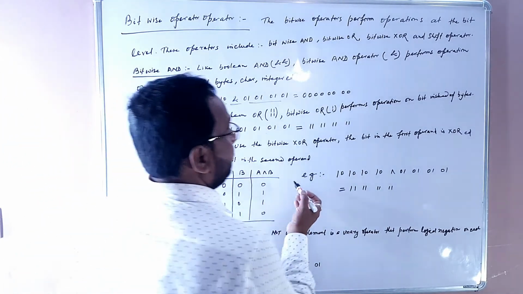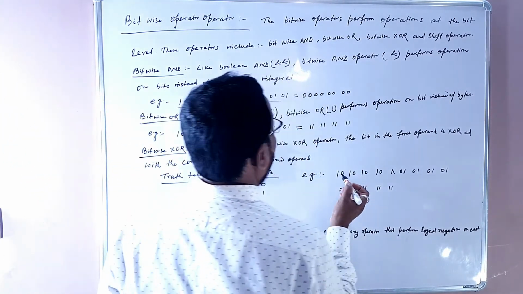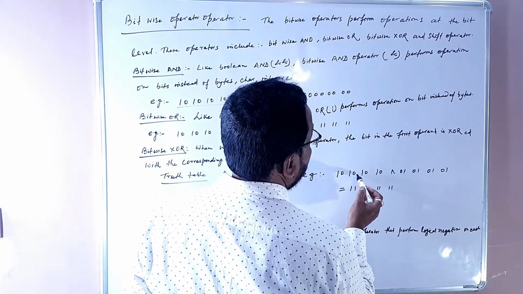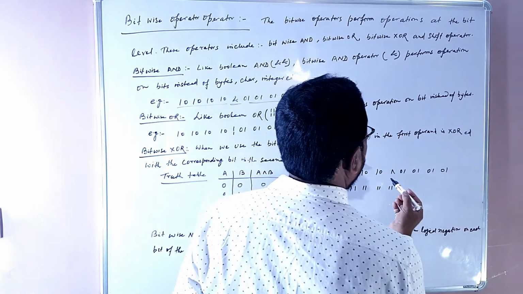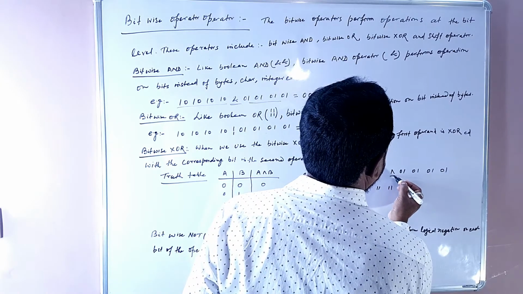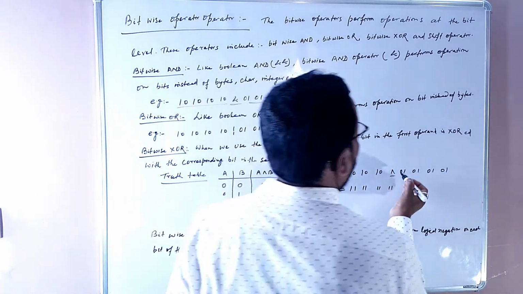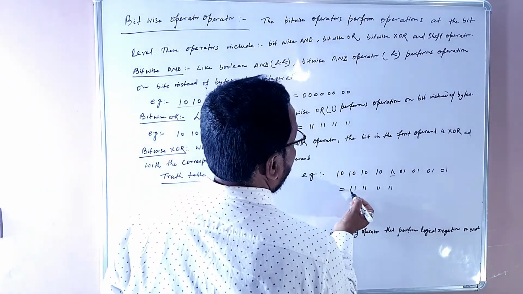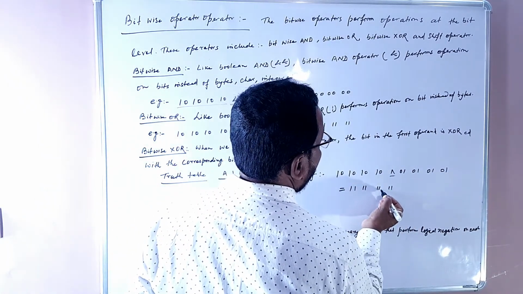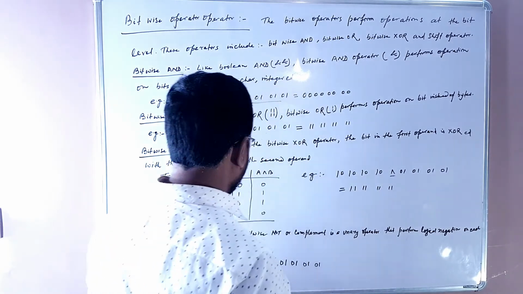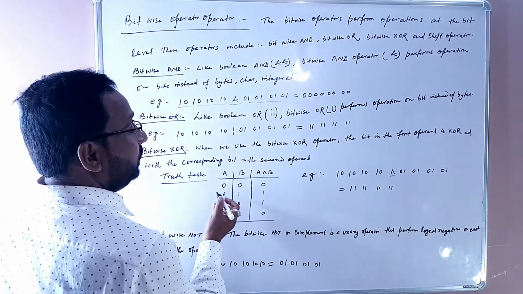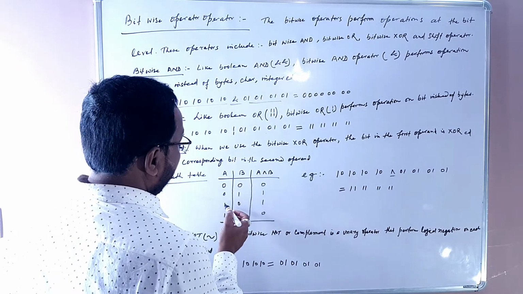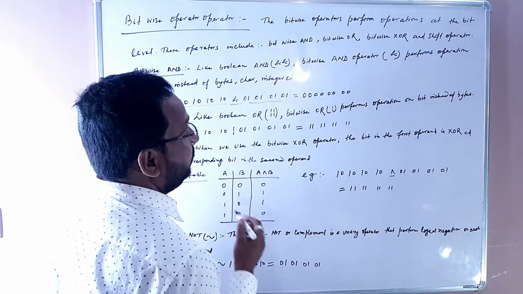For example, for the XOR here 1010 XOR 0101 gives 1111 as the result, because 0 XOR 0 is 0, 0 XOR 1 is 1, 1 XOR 0 is 1, and 1 XOR 1 is 0.